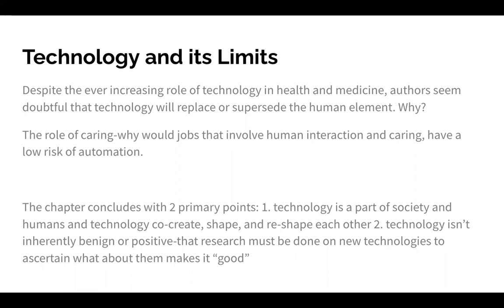And so, part of that they say is that, based on the data, although there are some occupations that are at very high risk of being automated, several health related occupations are very low on that list.